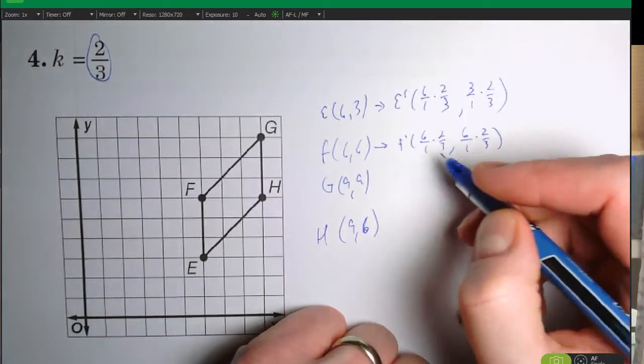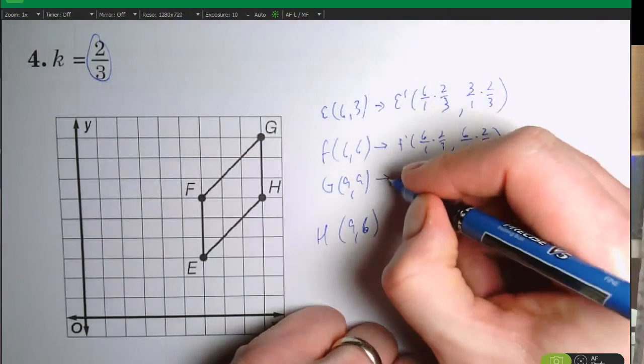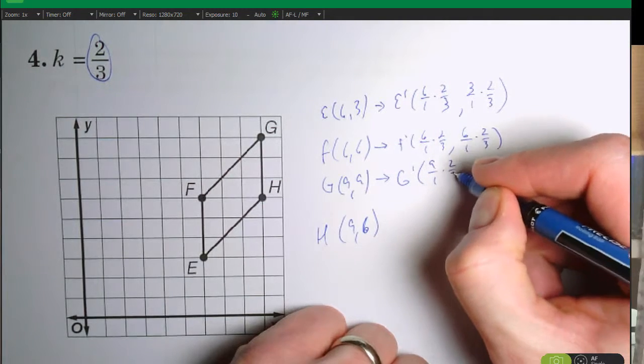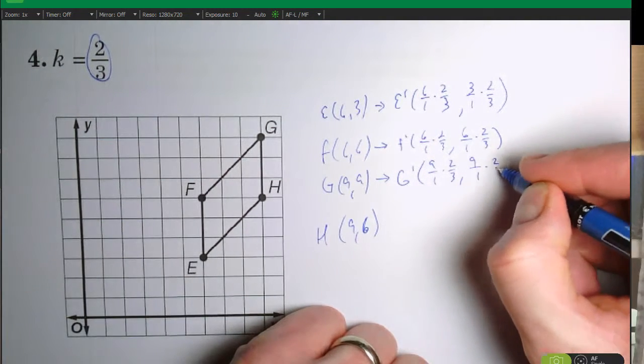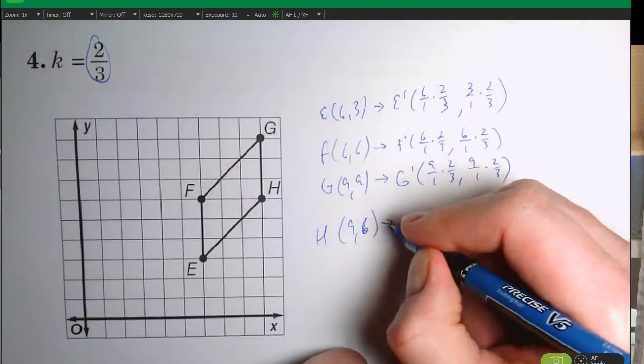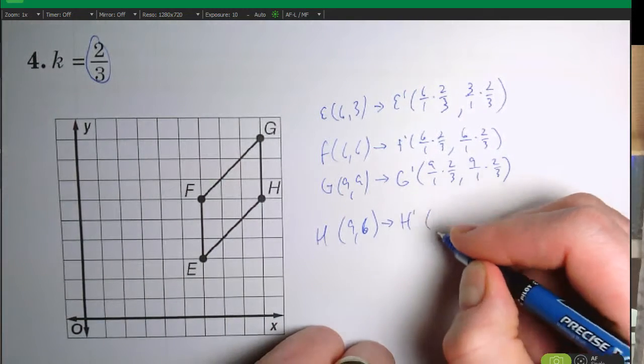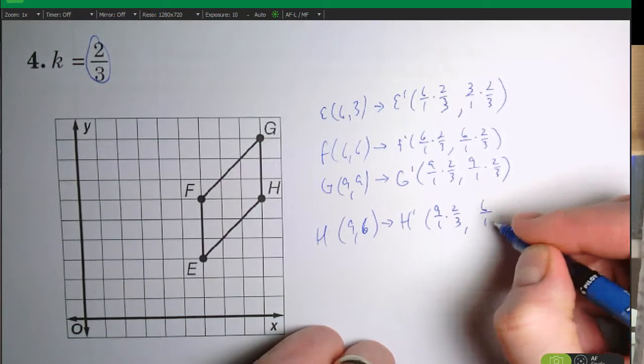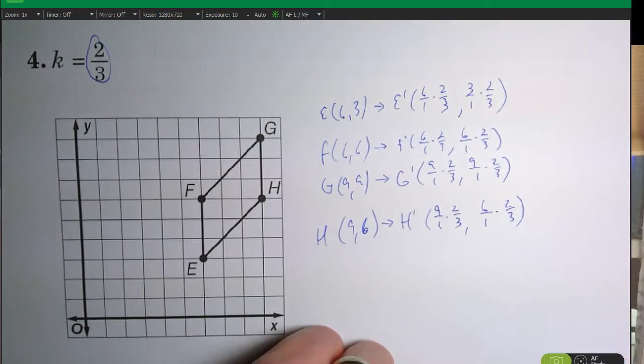And again, I'm putting them over 1 so it's easier to do the multiplication. And then G prime is 9 over 1 times 2/3, 9 over 1 times 2/3. And H prime will be 9 over 1 times 2/3, comma 6 over 1 times 2/3.